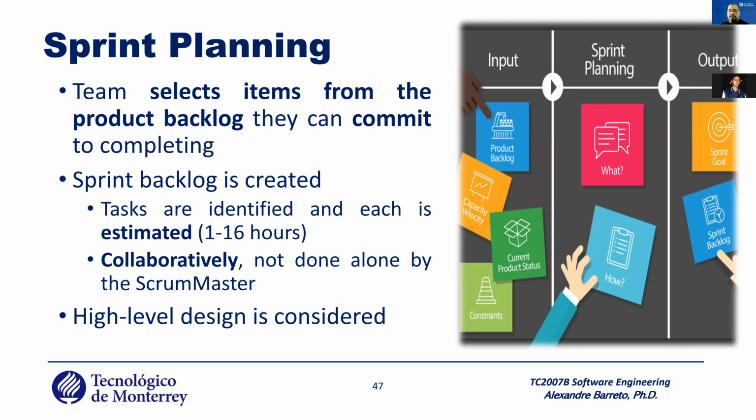In the sprint planning, the team selects the items from the product backlog they can commit to complete. It's important, this phrase, commit to complete. All the people, all the team work to accomplish.